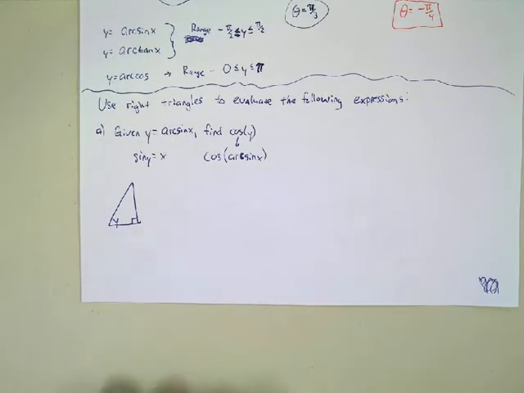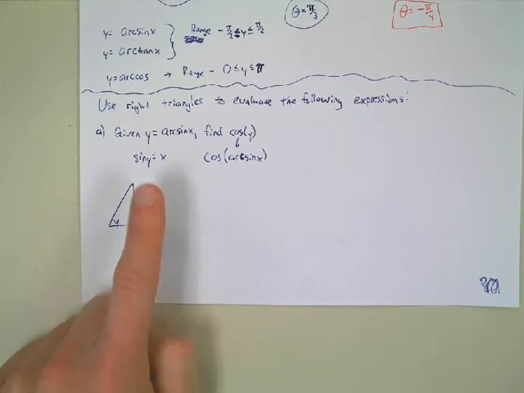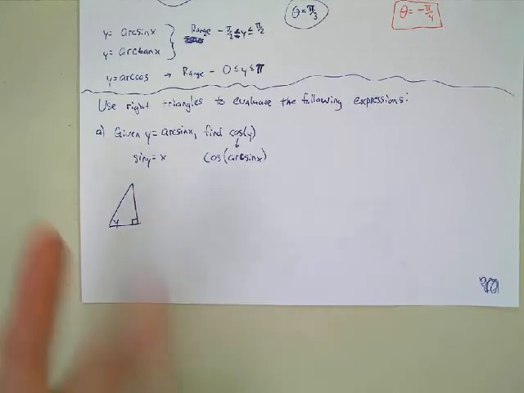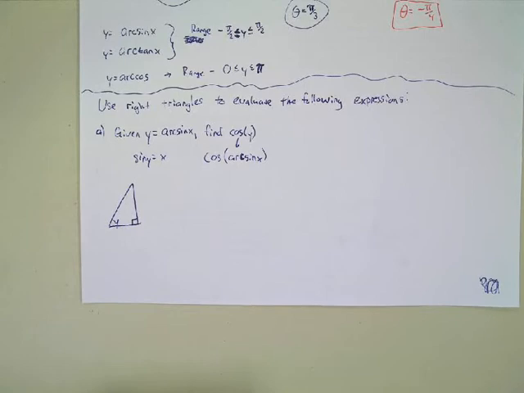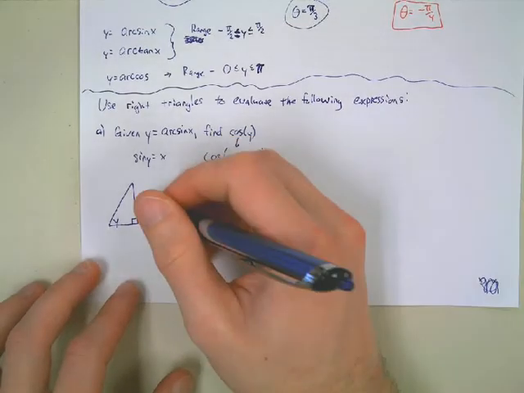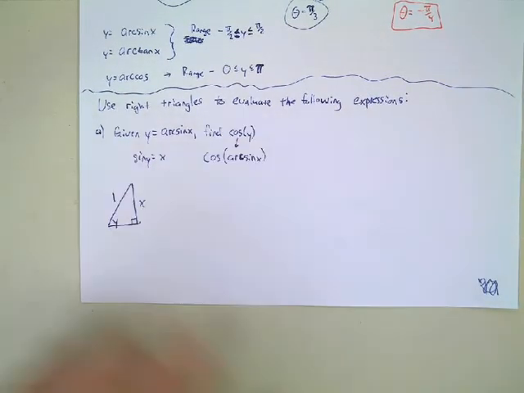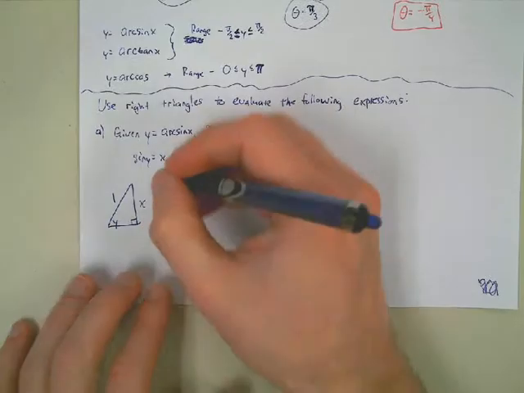X over 1, right? So, to recreate this right triangle, sine is what over what? Opposite over hypotenuse. In this case, sine of y then had better be the opposite side, so x over hypotenuse of 1, right? X over 1. That's where we recreate that triangle from, using that ratio, make it x over 1. Now, let's see here.